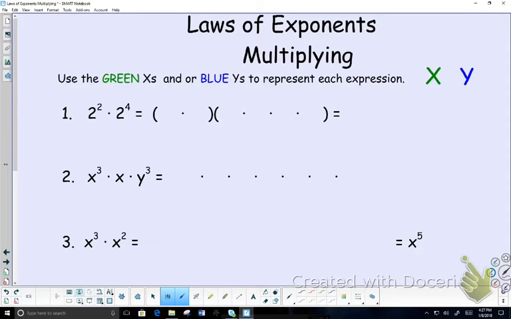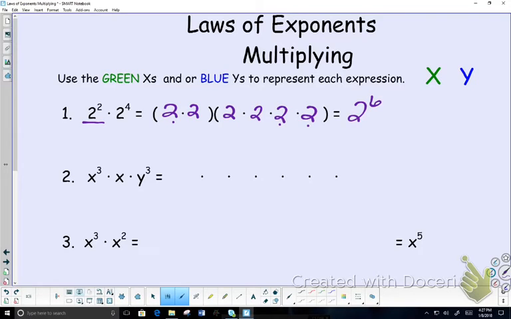I want you to start off with numbers just so you can get the idea. 2 squared is the same thing as 2 times 2. Well, 2 to the 4th power is 2 times 2 times 2 times 2. Do you agree? This would actually be what? 2 times 2 times 2 times 2 times 2 times 2. Well, how many 2's am I multiplying there? A total of 6. So that's like 2 to the 6.